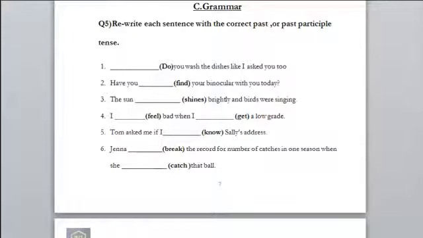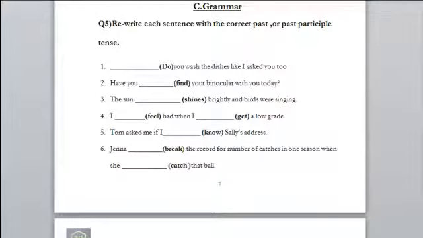And right now, when you are writing the verbs in the past tense, you may write them in the past participle when? Yes, if you have the verb to have coming before the verb.